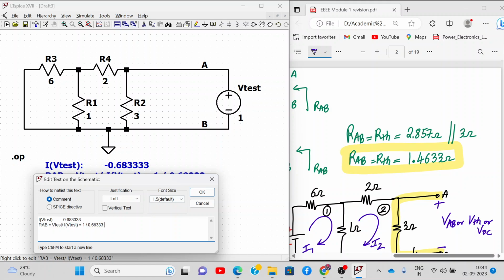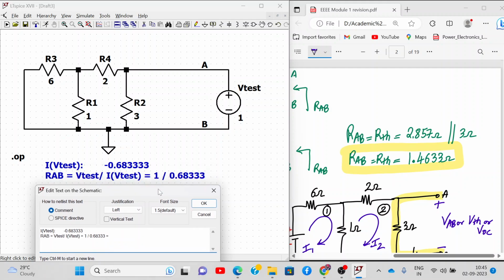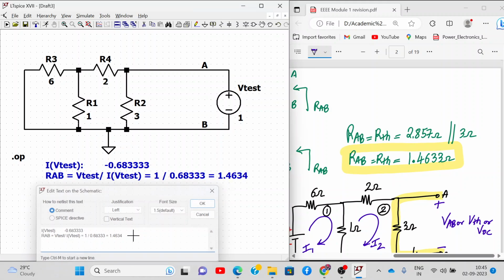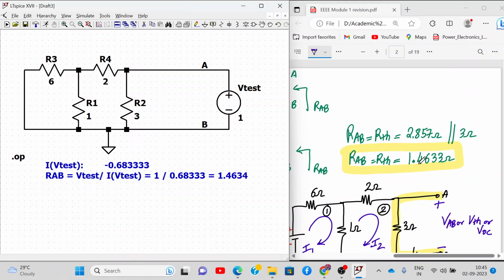Someone please do it in the calculator and let me know. 1 divided by 0.6833, how much is the value? 1.4634. Isn't it matching with this value, RAB?